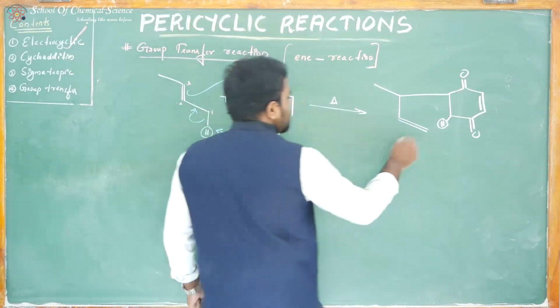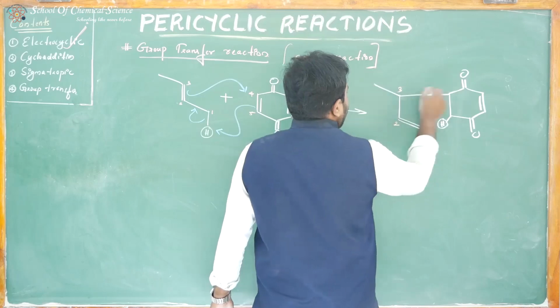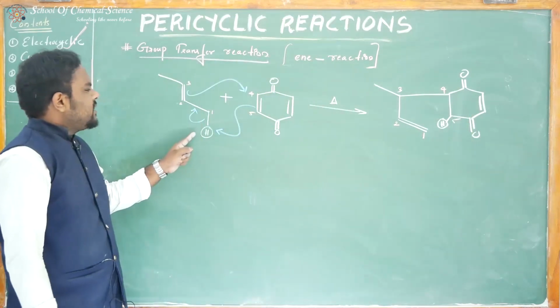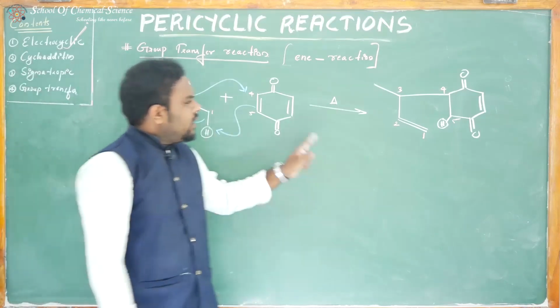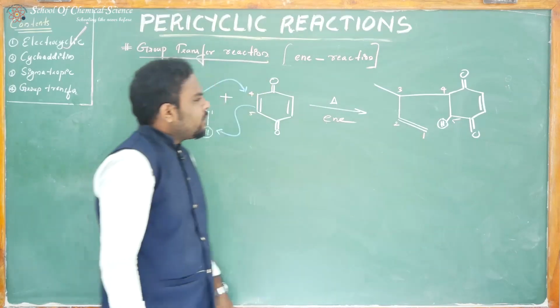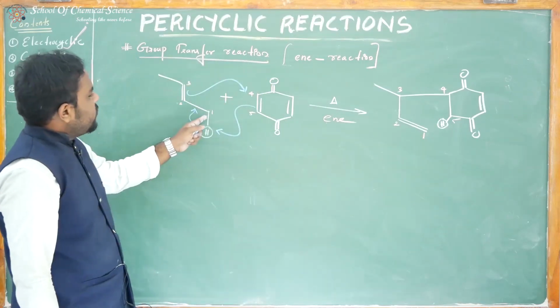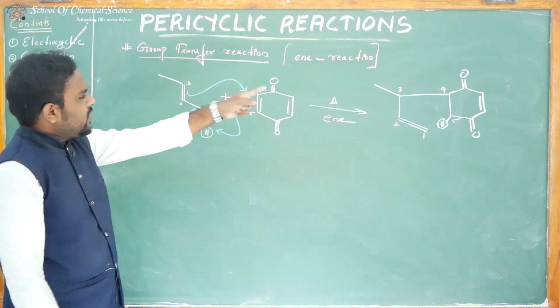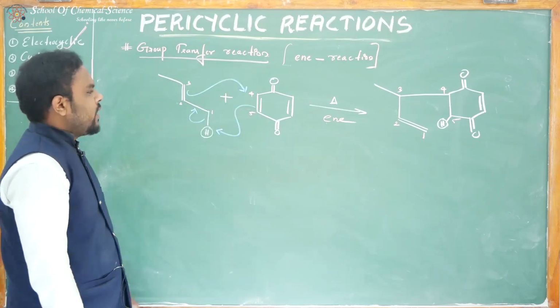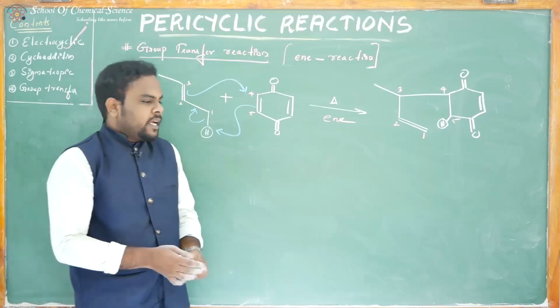Then giving numbers, this is 1, 2, 3, 4, 5. Initially the allylic hydrogen is at carbon number 1. After the ene reaction, it is transferred to carbon number 5. Between 1 and 2 a pi bond. At carbon number 3 a methyl substituent is there. 3 is connected to 4 and 5. Clear? So that will be the reaction.